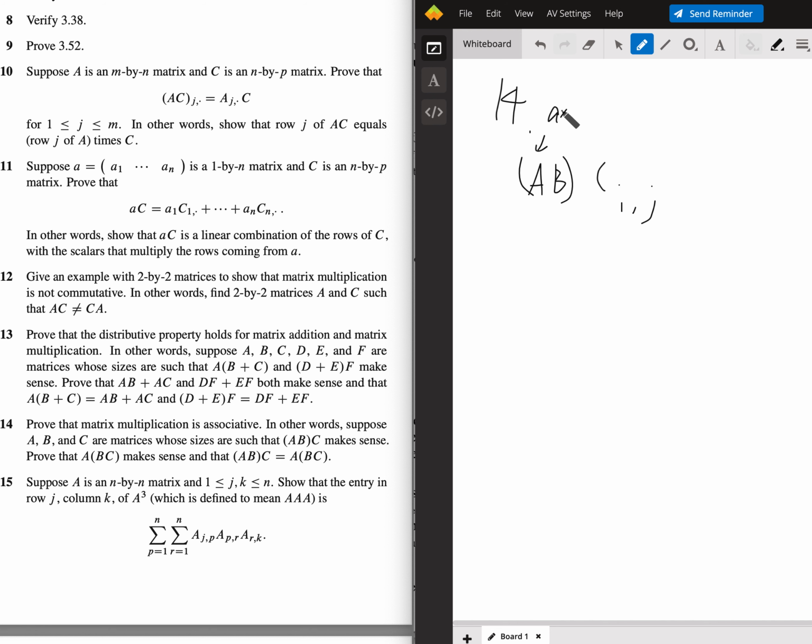So you have A times B, B times C, and C times D as your dimensions, right? And then what you have is, I'll extract the i-th row, j-th column.